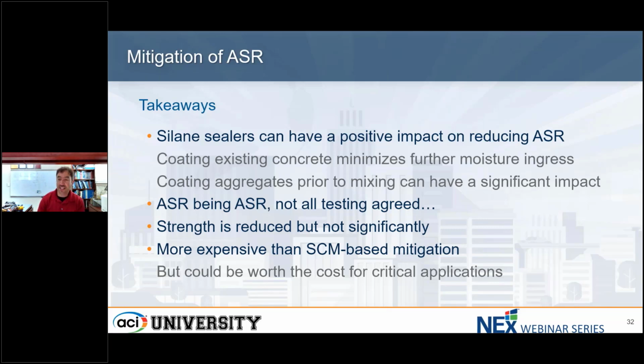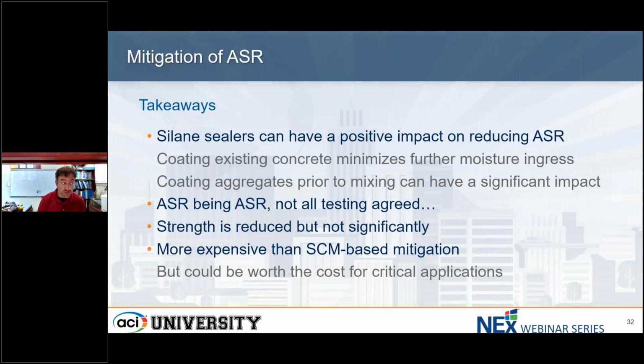However, it's not significant in most cases. And what I mean by that is, let's say you're making a structural concrete mix for a reinforced beam. You need 6,000 psi compressive strength. Well, in the lab, when we were making the AASHTO beams, because that's a concrete prism, we were getting 8,000 psi with the aggregates not being coated, and then about 7,000 psi with the aggregates being coated with the silane.